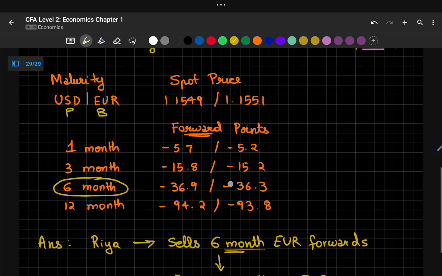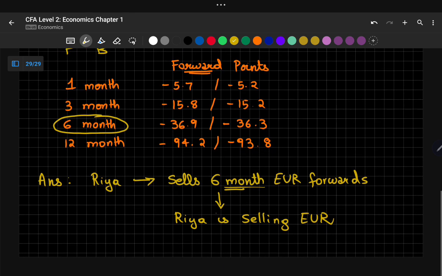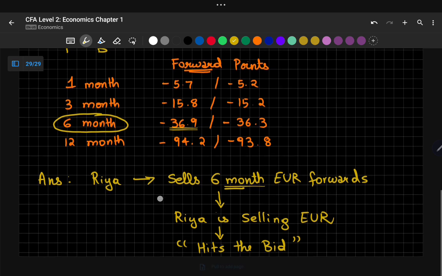If Ria is selling the base currency, it means that Ria is hitting the bid, because the dealer would be buying the base currency. So since Ria is hitting the bid, we would be using the bid price. So we have to calculate the 6-month euro forward bid price.